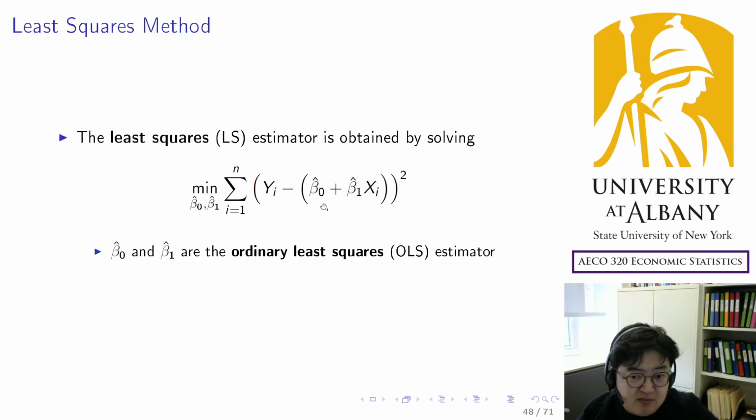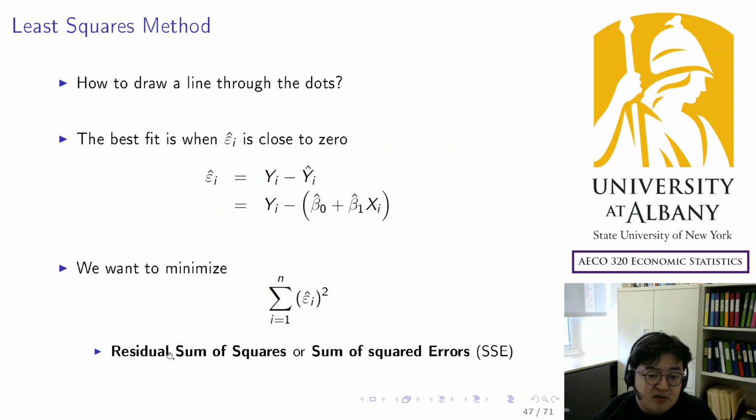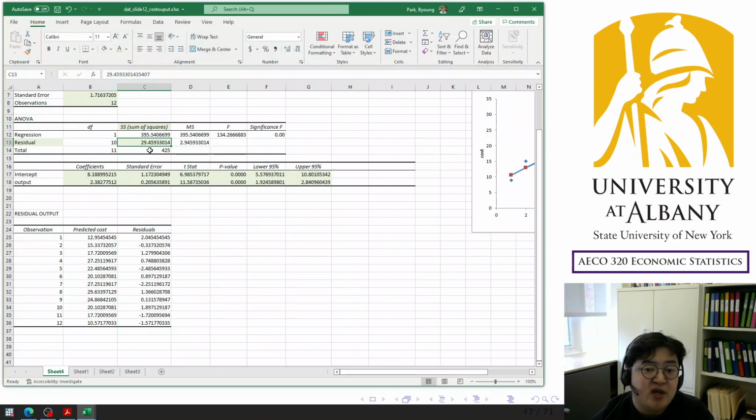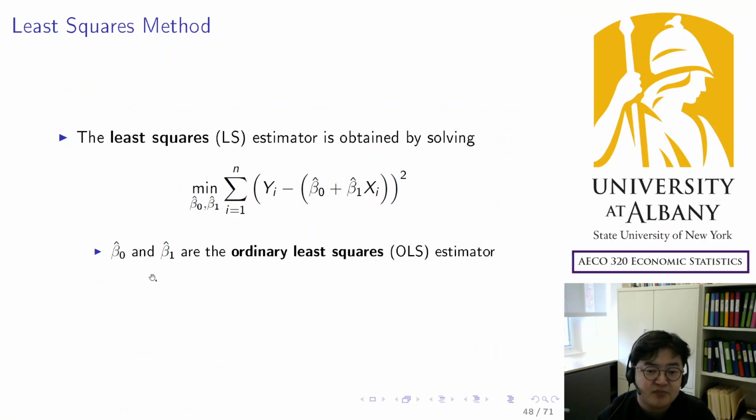That means if you make a mistake in calculation, and if you happen to calculate another value for beta 0 or beta 1, then the residual sum of squares will be larger than what you get here. 29.459 is mathematically the minimum possible sum of squared residuals, right?